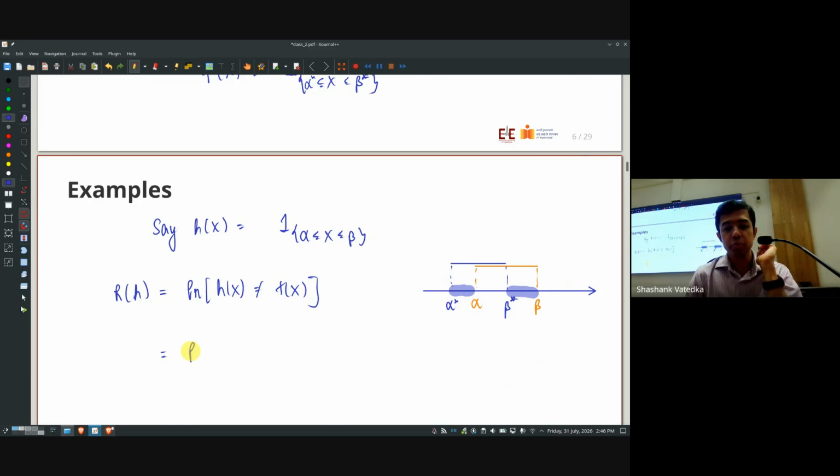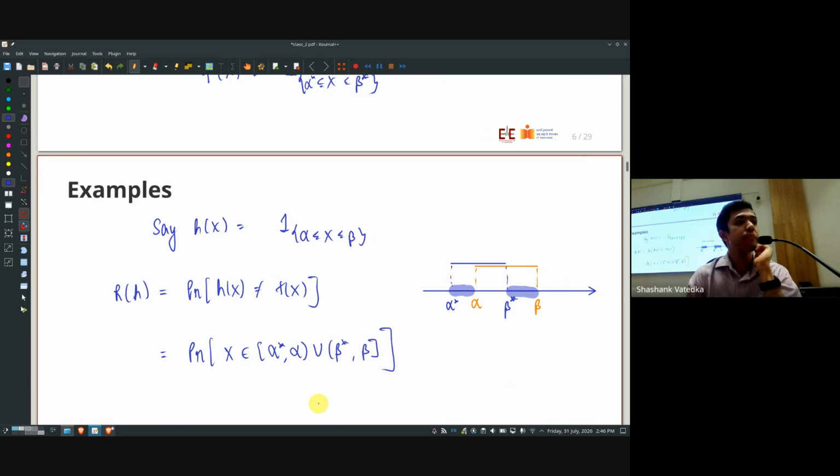So this is equal to the probability that x is either in alpha star up to alpha or between beta star and beta.